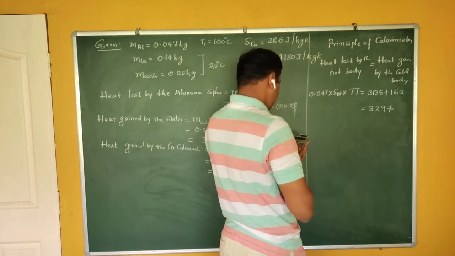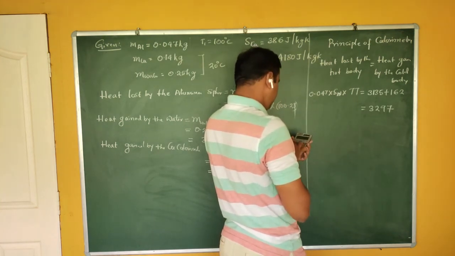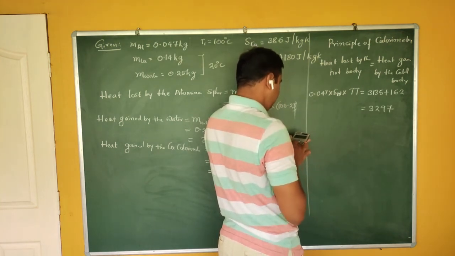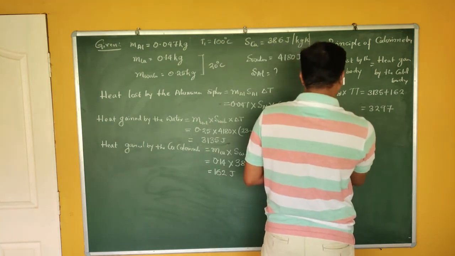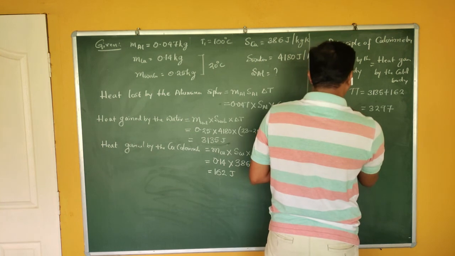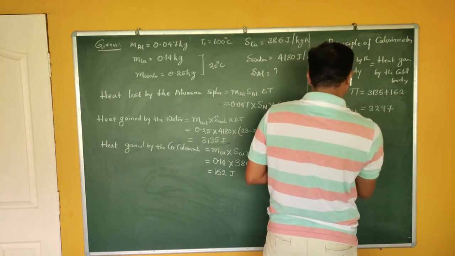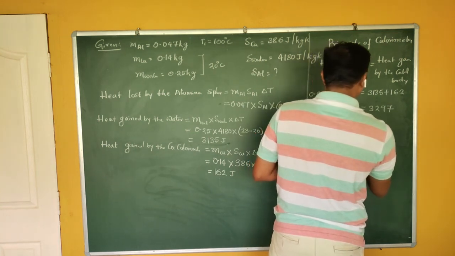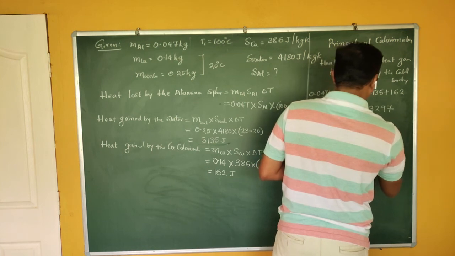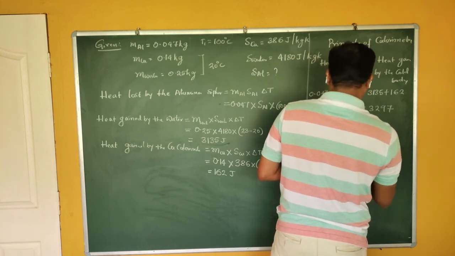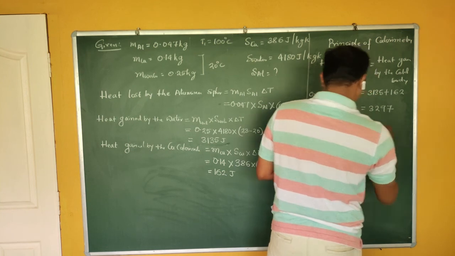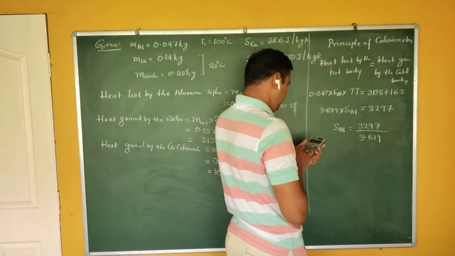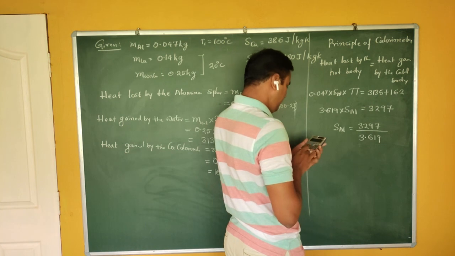On the other side, it is 0.047 into 77, so 3.619, into the specific heat of aluminium. Therefore, the specific heat of aluminium is 3297 divided by 3.619.